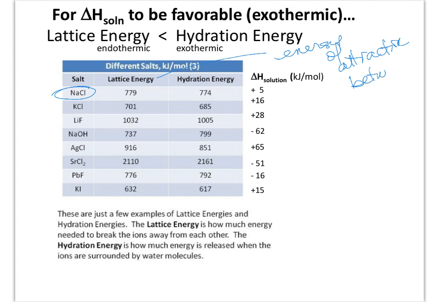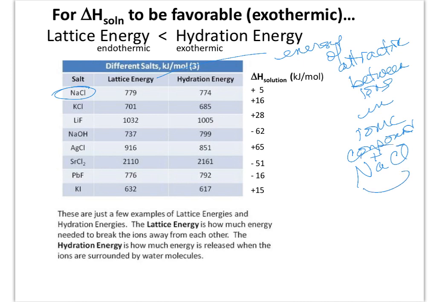Basically it's how strongly those ions are held together, the strength of attraction between a sodium cation and a chloride anion. That is lattice energy. The lattice energy of sodium chloride is 779 kilojoules per mole.